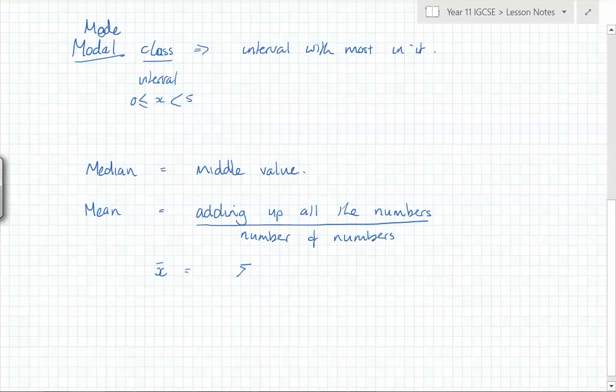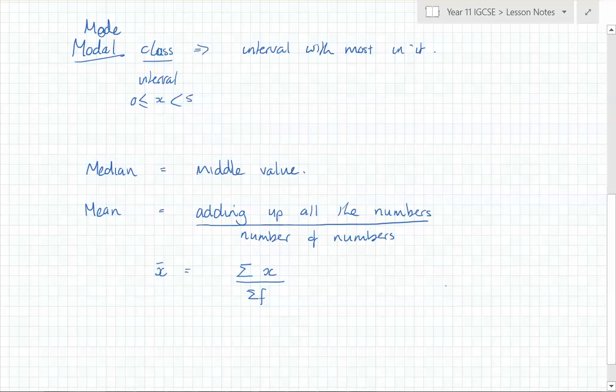You add up the sum of all the x values. Okay. And you divide by the sum of the frequency. You recognise that sum of symbol?